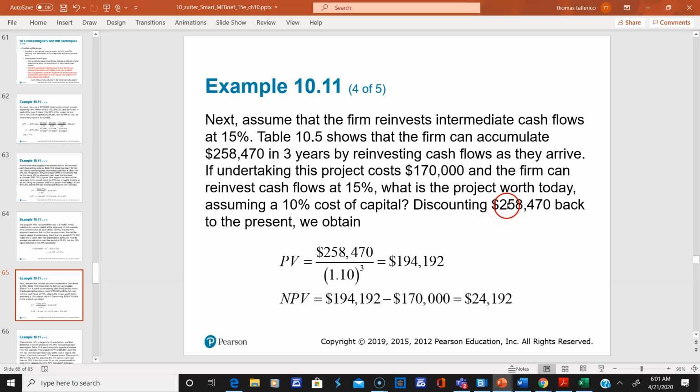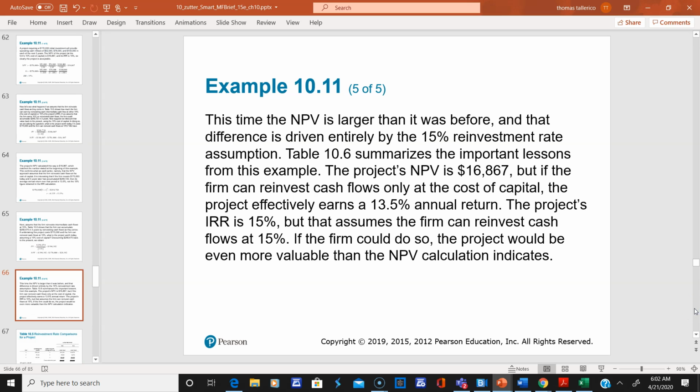Discounting $258,470 back to the present, we obtain this amount of money at 10%. So the net present value then becomes, if you take this present value minus the 170,000, $24,192. This time the net present value is larger than it was before, and that difference is driven entirely by the 15% reinvestment rate assumption.